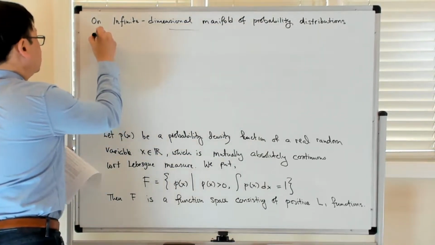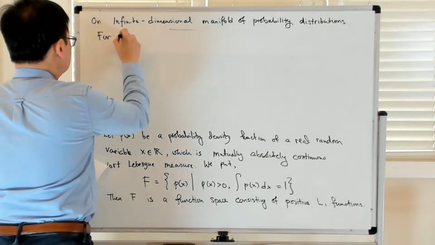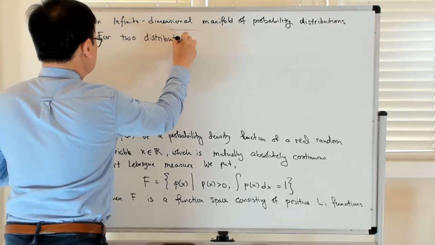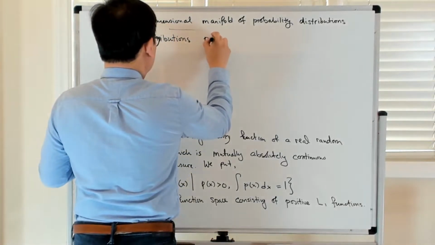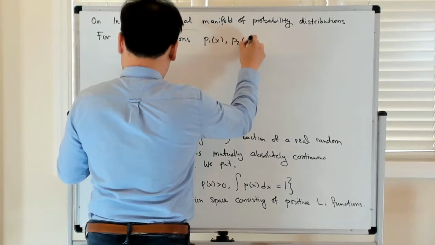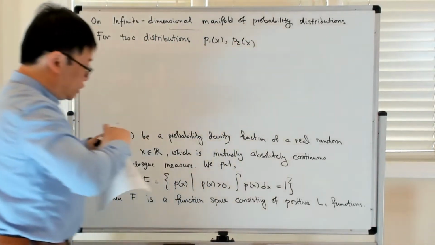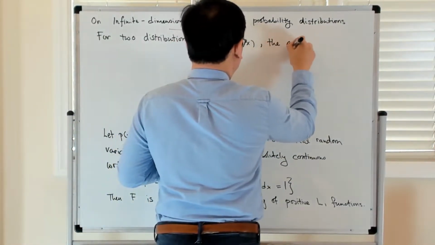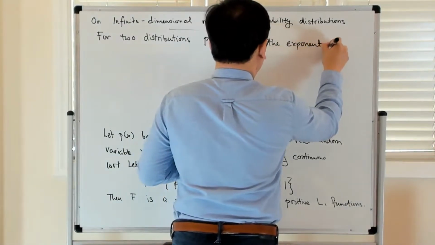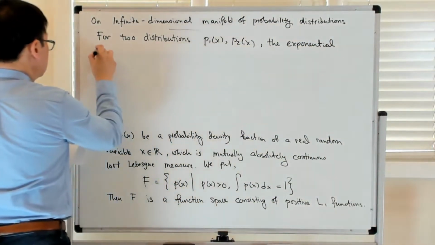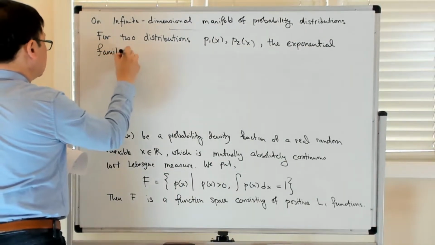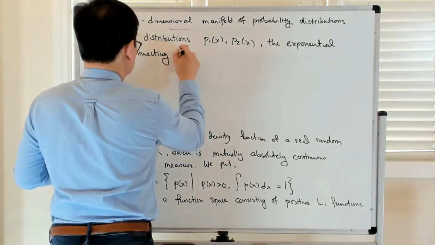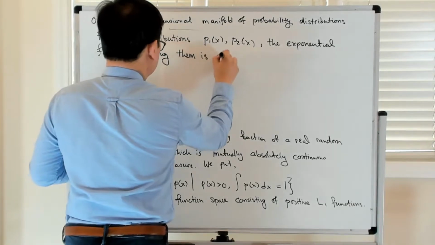Okay, so now, for two probability distributions, let's say P1 of x and P2 of x, there is an exponential family which connects those two points. It's given as follows.